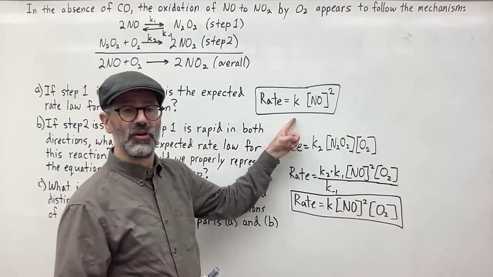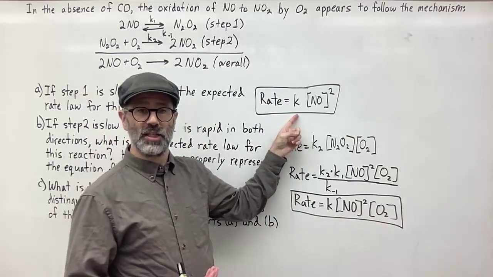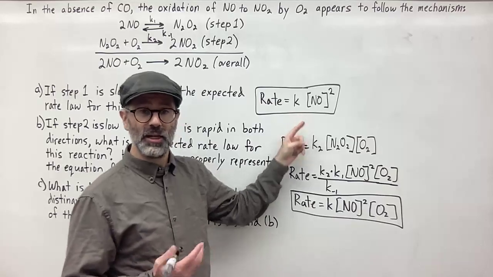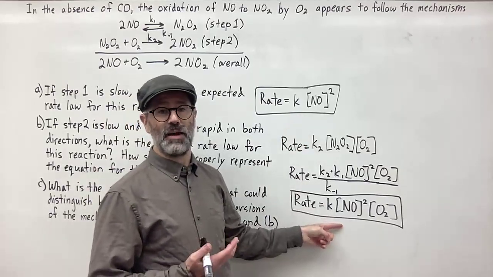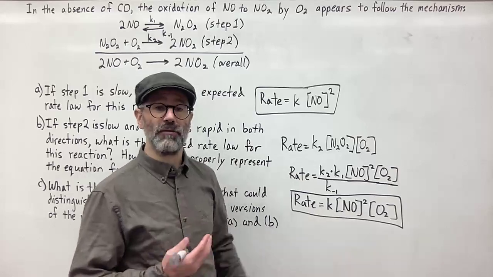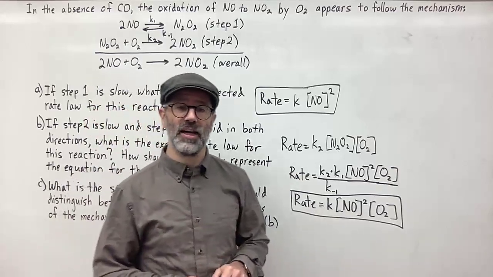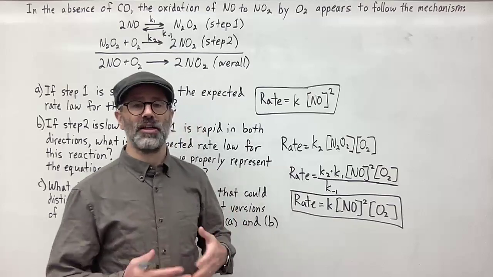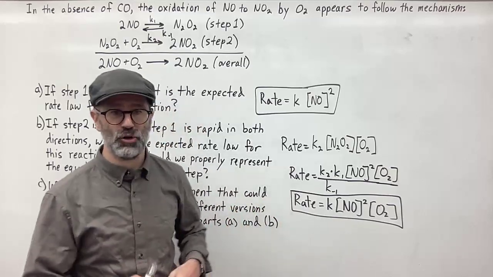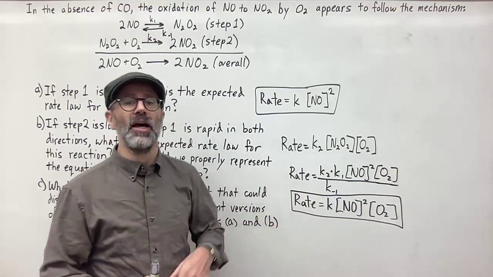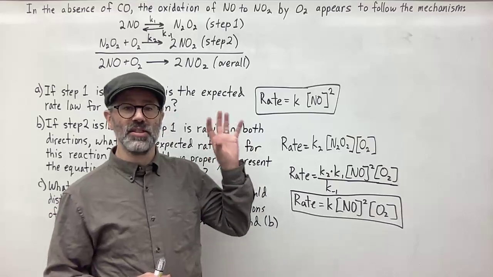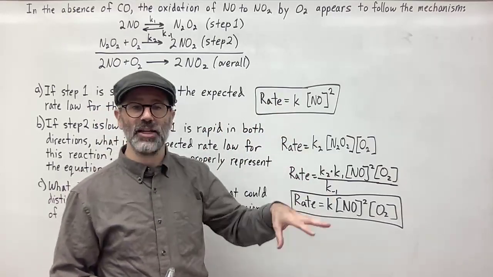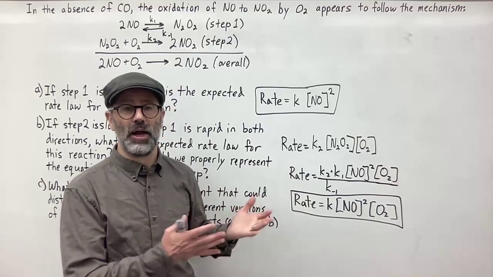So if the first step is the slow step, the oxygen shouldn't affect the rate of the reaction. If the second step is the slow step, then oxygen will affect it. So the simplest experiment you could do is just look at how oxygen affects the rate of the reaction. So set up the experiment, use oxygen, and see how a change in the concentration of oxygen will affect the rate of the reaction.